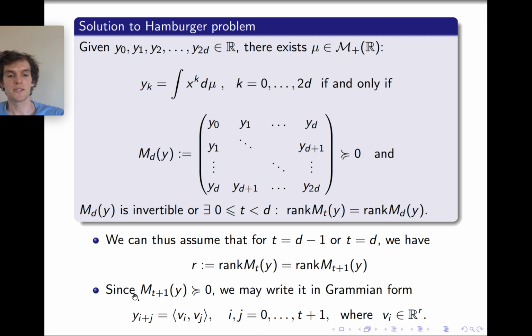And since the extended matrix is positive semi-definite, we can write it in Gramian form. So in other words, each term in the matrix is none other than the inner product between a set of vectors, and the vectors live in here. This is the common rank.